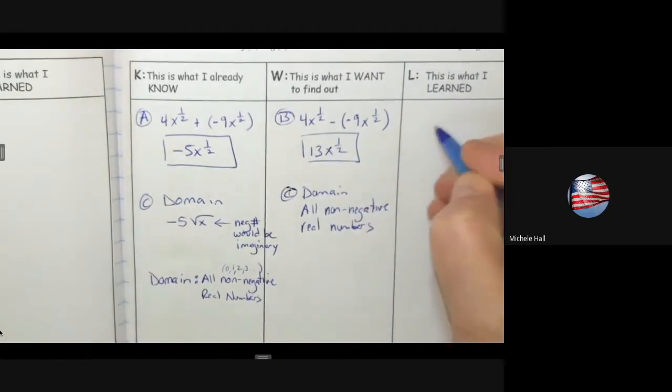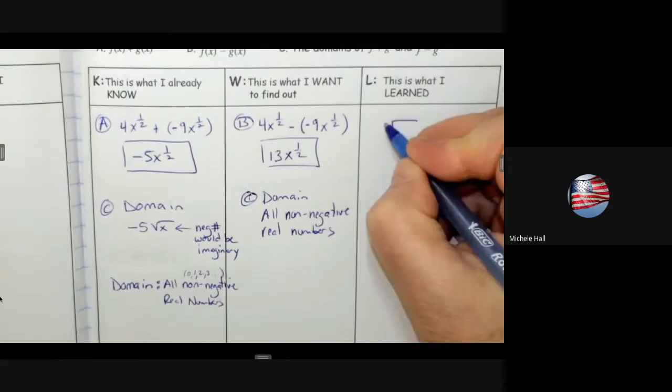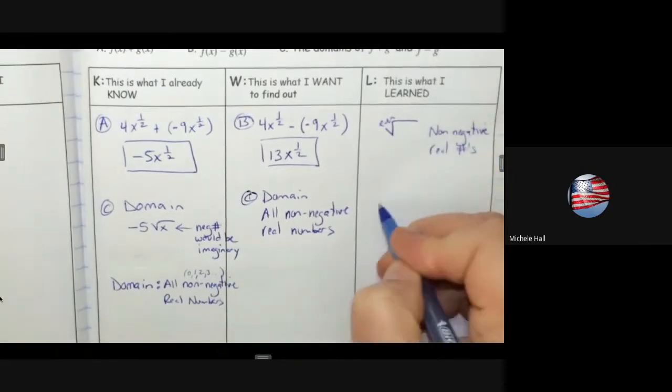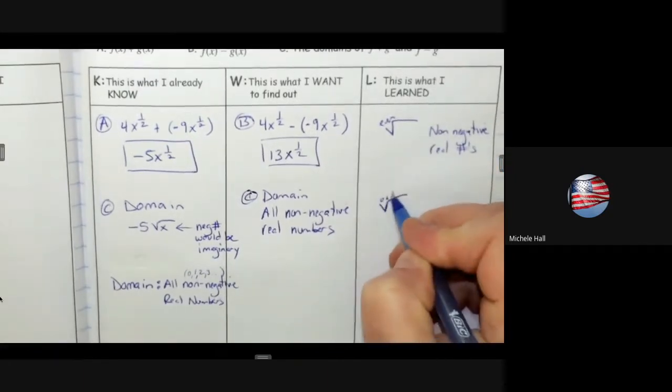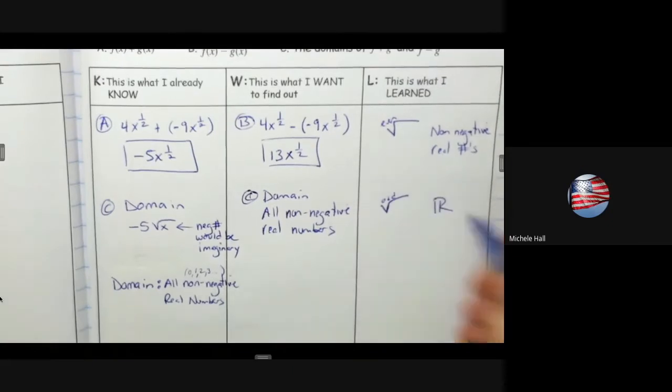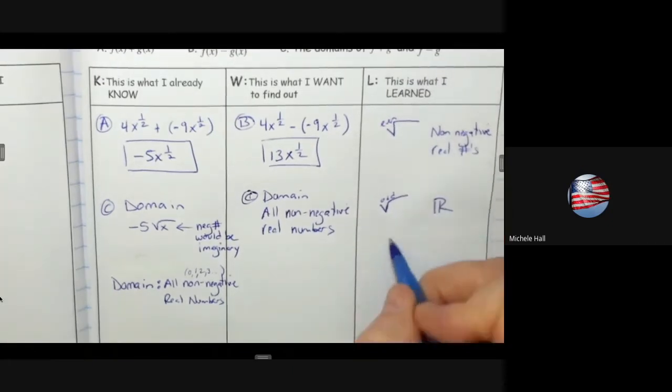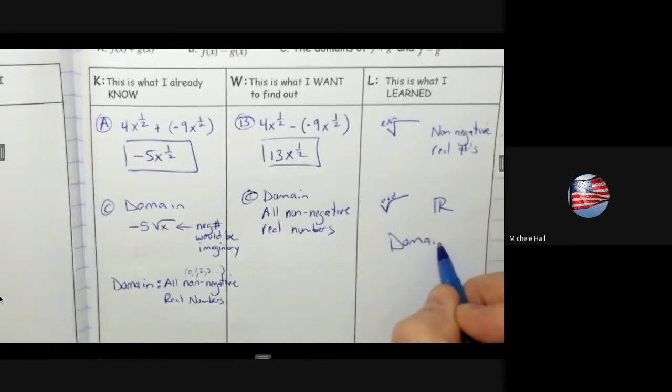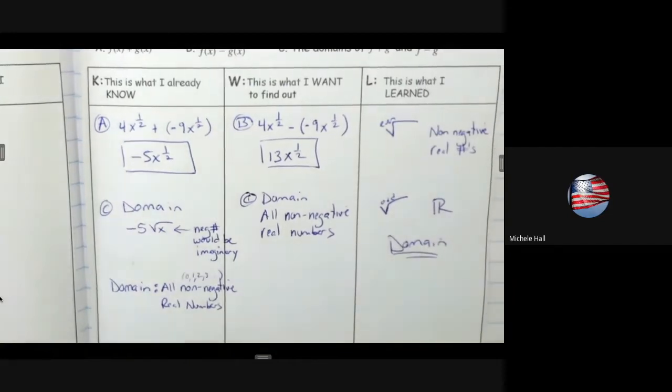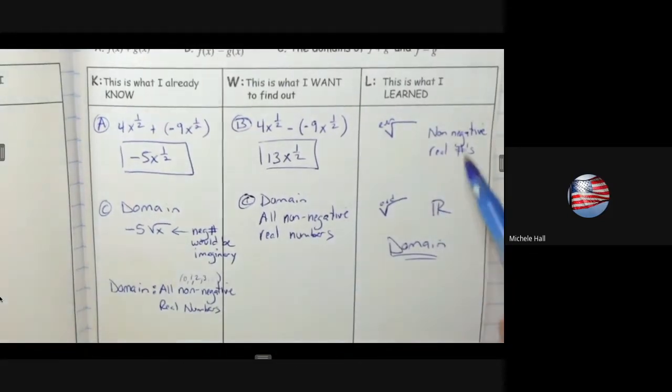So maybe something that you learned today is that even roots are non-negative, and an odd root is going to be all the reals. That would be the domain. If it's even, non-negatives. If it's odd, it's all the reals. We can have negatives underneath the radicand when it's an odd root.